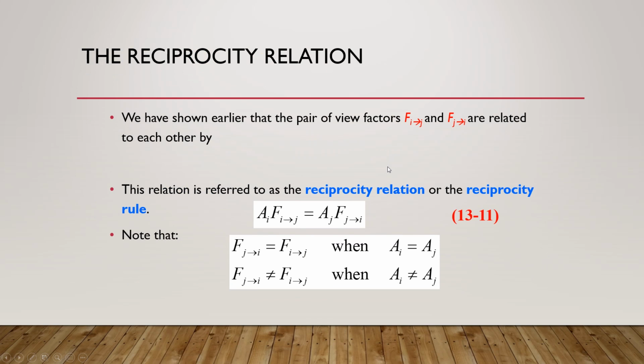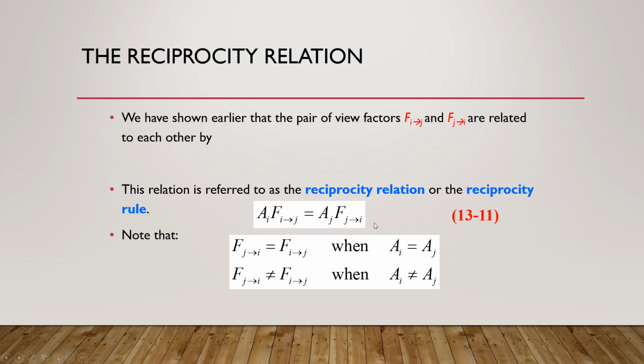Now the next is the first relation. It is actually the rules. The reciprocity relation says that Ai Fi to j is equal to Aj Fj to i.